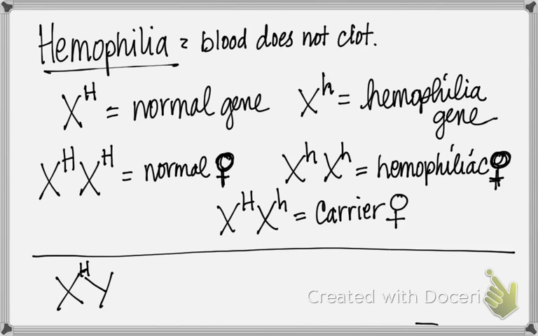Capital H. And that's it, because the hemophilia gene is not on the Y. The Y is a different chromosome. The Y chromosome is short. It doesn't have the traits for blood clotting. So this would be a normal male.